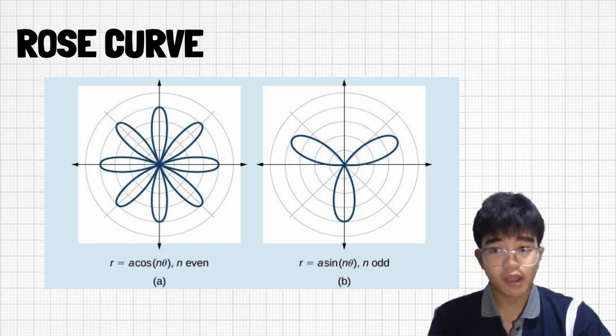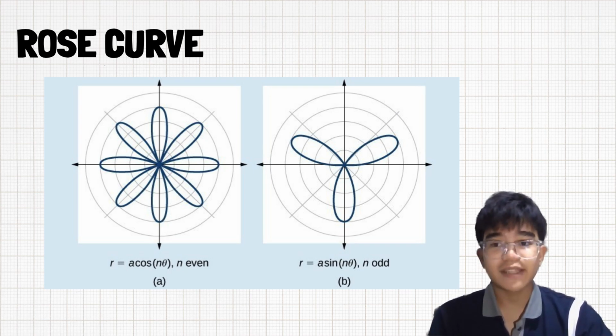If n is odd, the rose will have exactly n petals, as seen in graph B, where n equal to 3 yields 3 petals. The constant a determines the length of each petal, while the choice between sine and cosine dictates the rotation and symmetry of the petals around the origin.